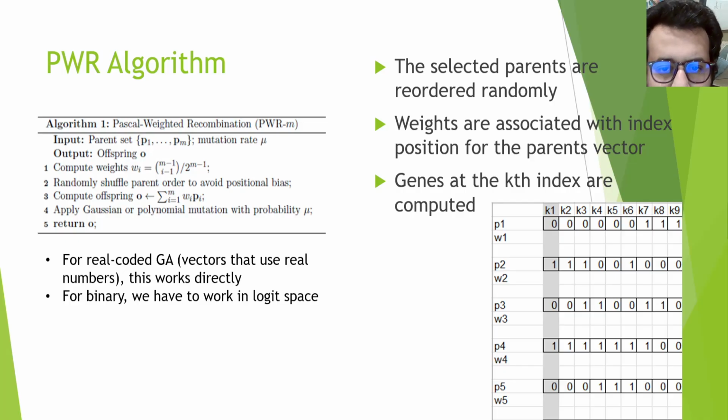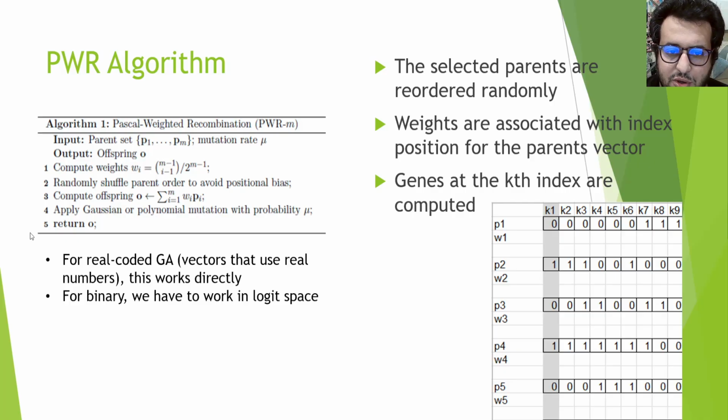It doesn't really affect things other than, since I already have it in my algorithm, I'm not really discussing it because the main focus is the multi-parent recombination here. The output is going to be the offspring O.